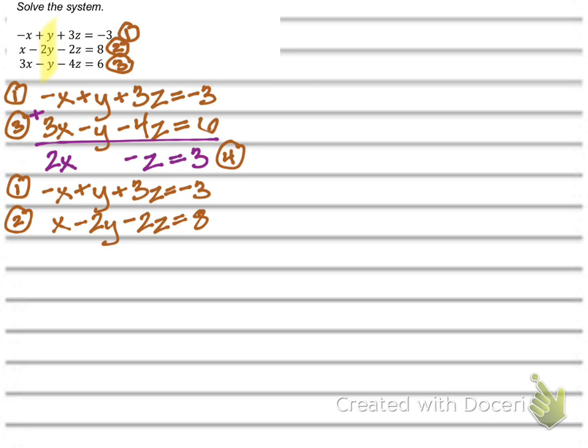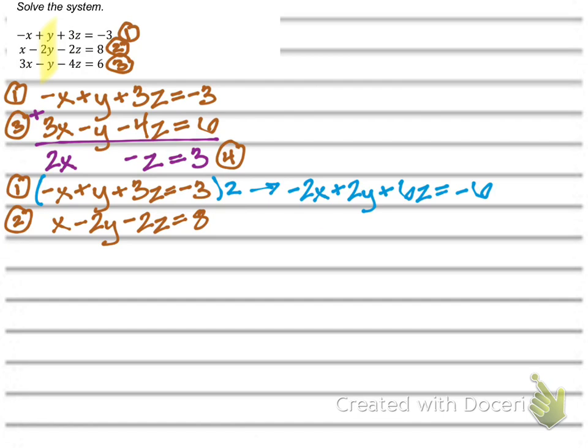So to be able to get rid of y, I need to multiply this equation by 2, correct? So I'm just going to do that. I have negative 2x plus 2y plus 6z is negative 6. And I still have the bottom guy. He didn't change, right?